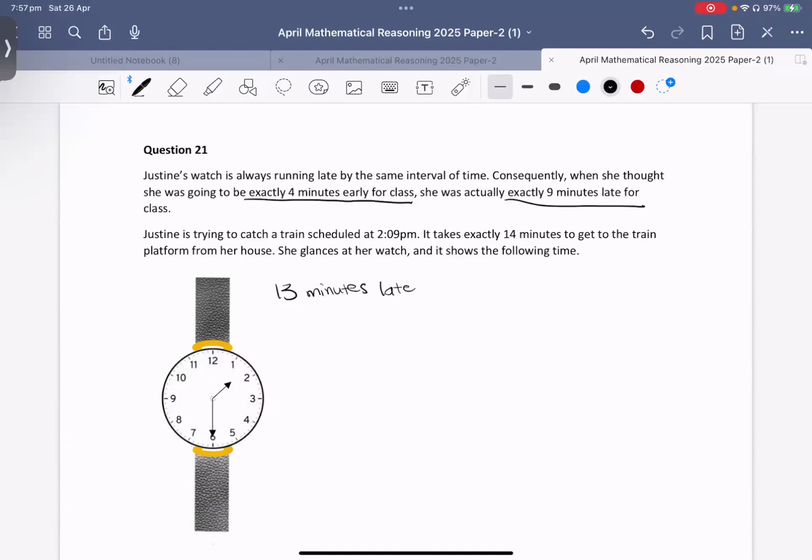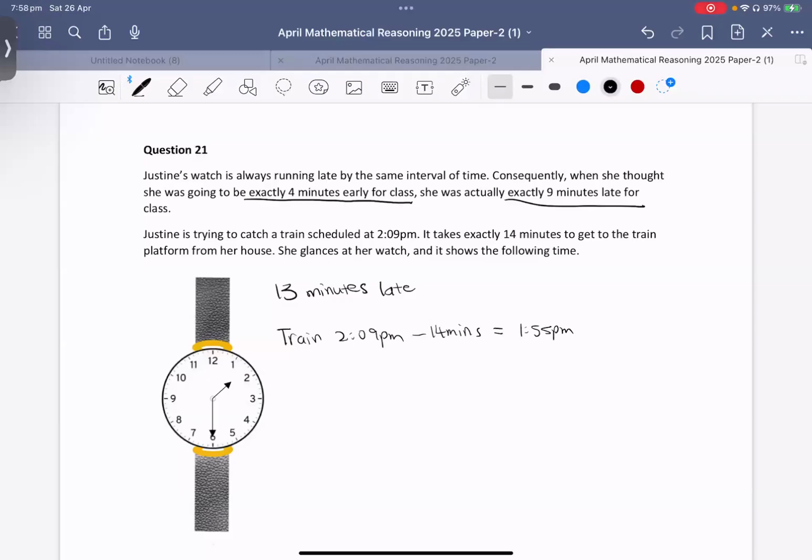Okay. And we know she's trying to catch this train, which is at 2:09 p.m., and we know it takes her 14 minutes to get there. So she needs to leave her house 14 minutes beforehand, aka that's going to be 1:55 p.m. 2:09 minus 9 minutes is 2 o'clock, and then 2 o'clock minus another 5 minutes is 1:55.